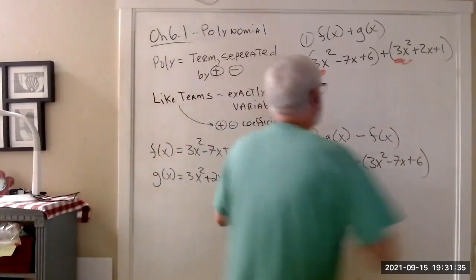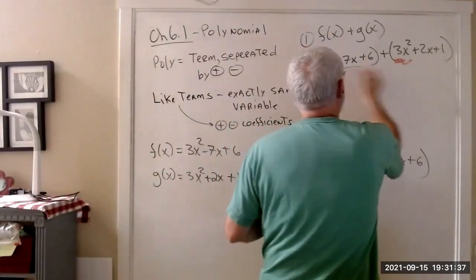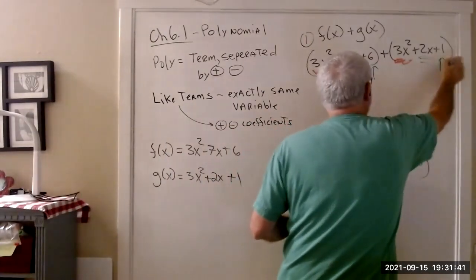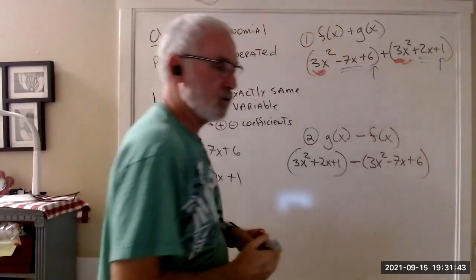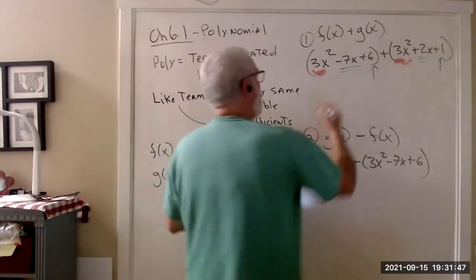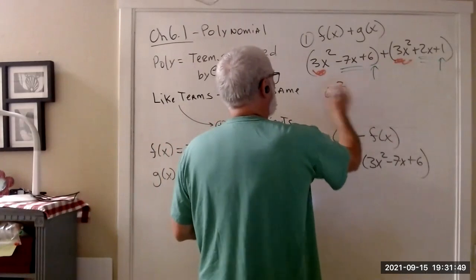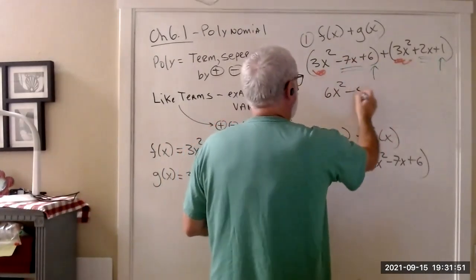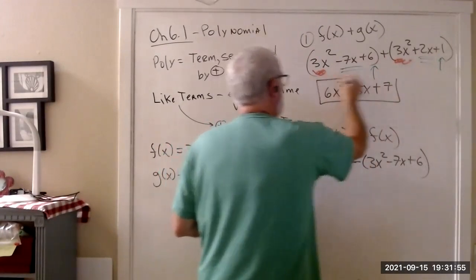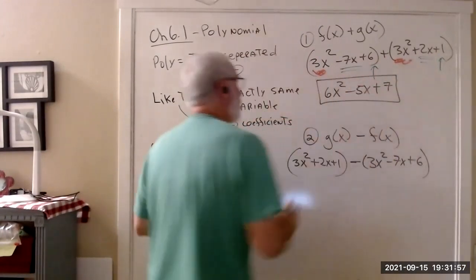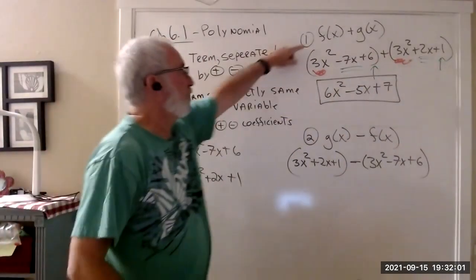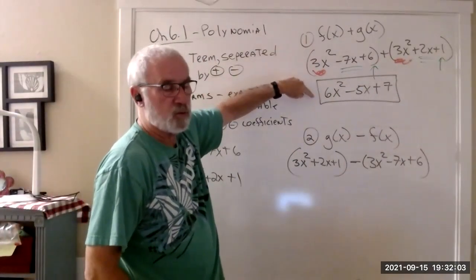Also, 7x and 2x are like terms, and 6 and 1 are like terms. So when we combine like terms on the first one, our first answer should be 6x squared minus 5x plus 7. So that would be f of x plus g of x.